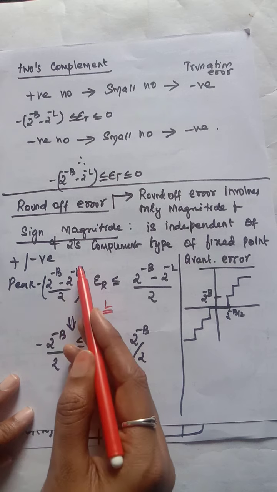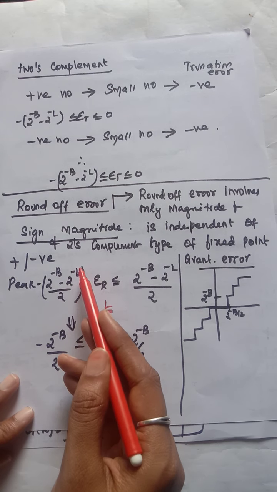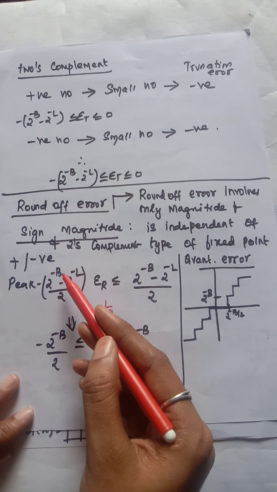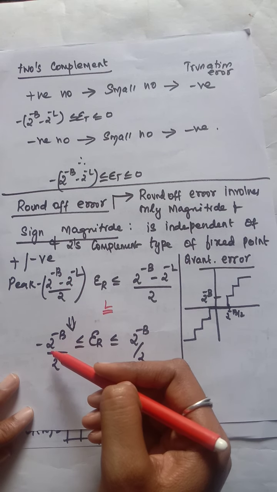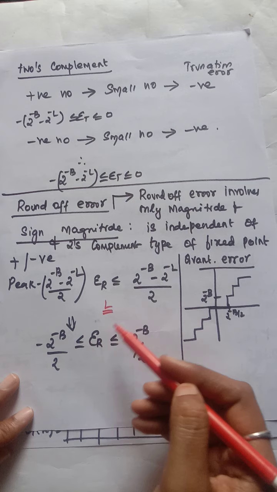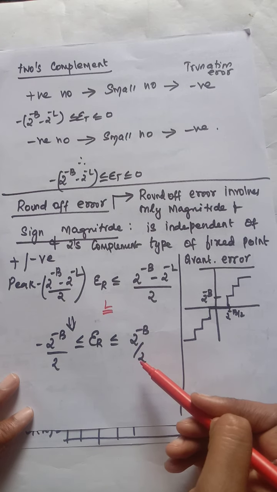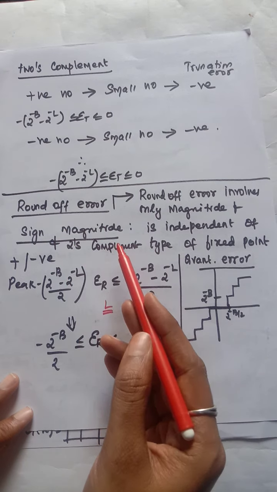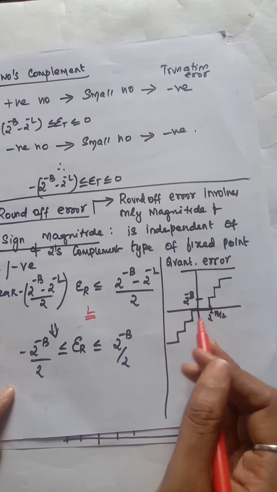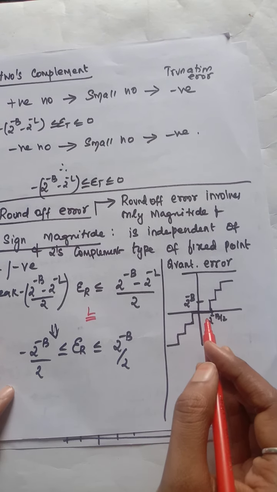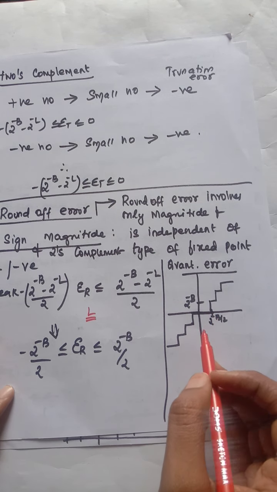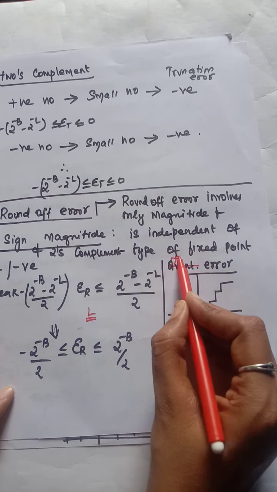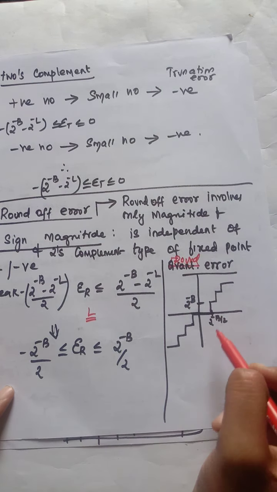Because it is independent of the fixed point, I am just going to consider minus 2 power minus b by 2 to 2 power minus b by 2. So this is the rounding error for both sign magnitude and 2's complement. Sorry, this is the round-off error diagram.